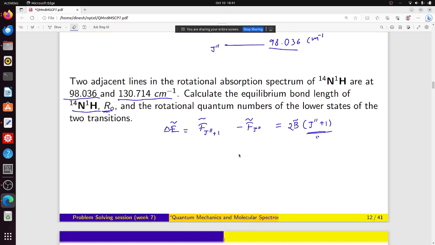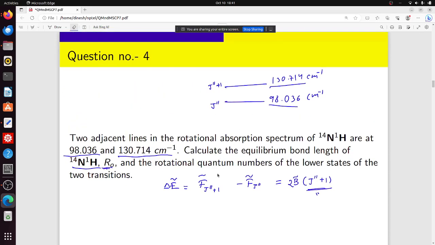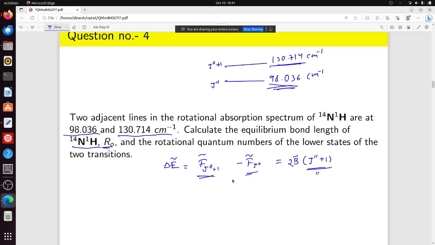So this energy is given to be this much, and this energy is given to be this much. Okay, so this is the energy difference, which will be the difference between these two.